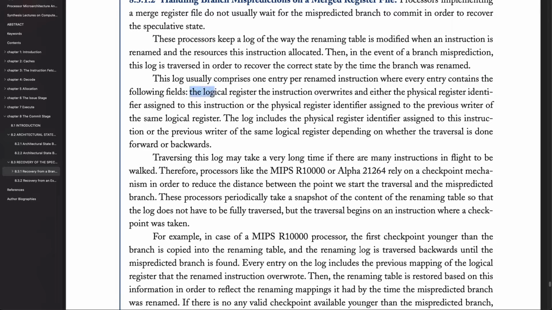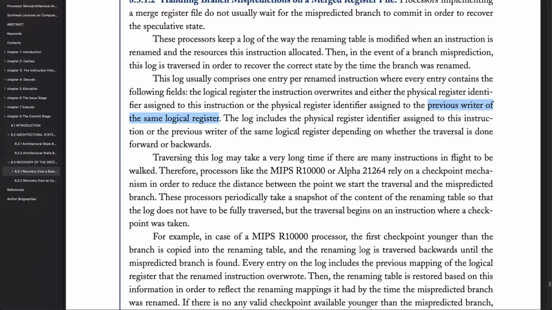Yeah, so the breadcrumbs are the logical register the instruction overwrites, let's say R1, and either the physical register identifier assigned to this instruction, let's say P1, or the physical register identifier assigned to the previous writer of the same logical register. So if you have two instructions writing to R1, with P1 and P3 corresponding to them, you need to know what the previous writer is.